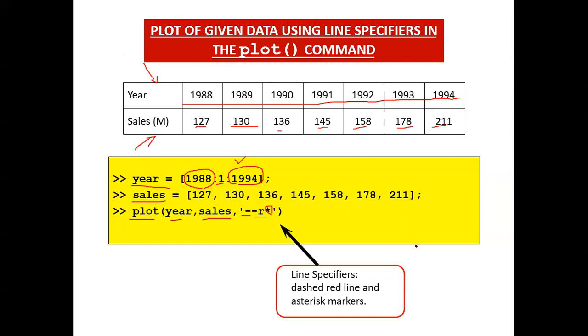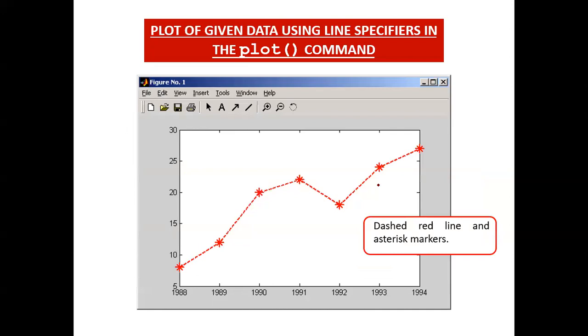So that is the possibilities we can add, like the dash, red line, asterisk marks, which we can specify with the help of the specifier.